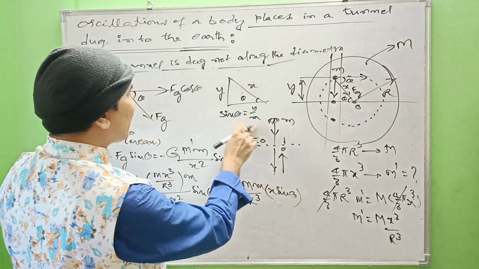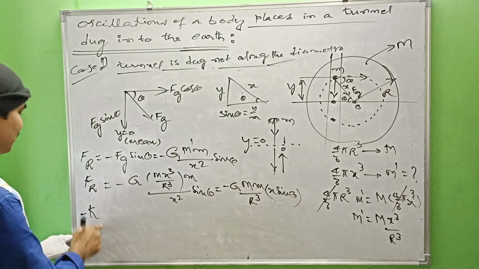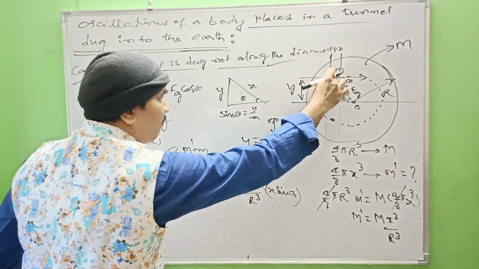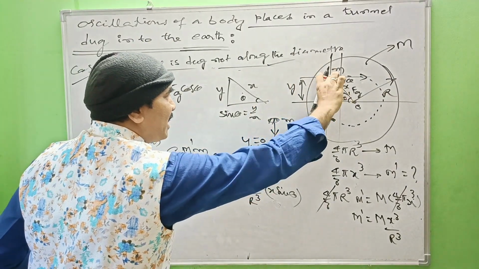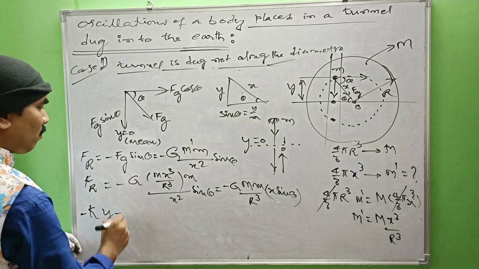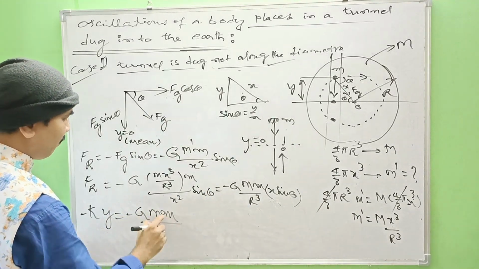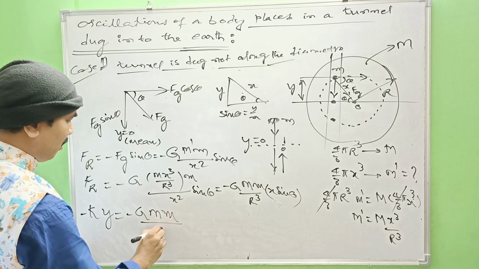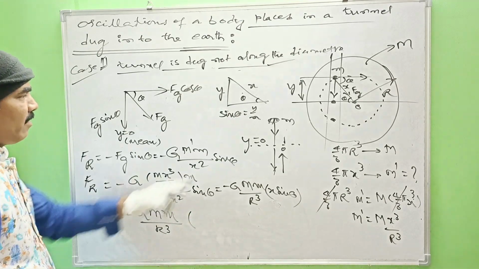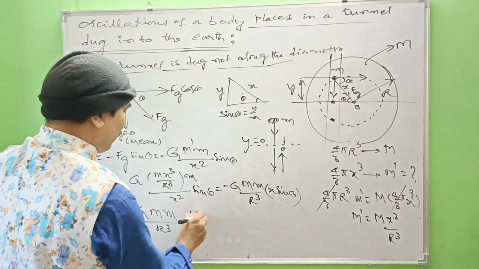What is x sin theta? x sin theta equals y. So minus k into displacement towards the main position, that is y: minus k y equals minus G M m by r cube into x sin theta, which means y.